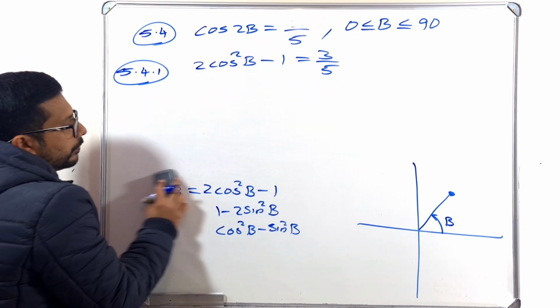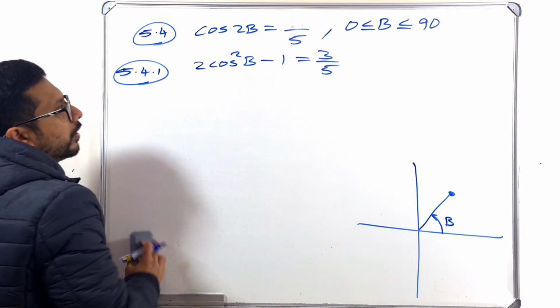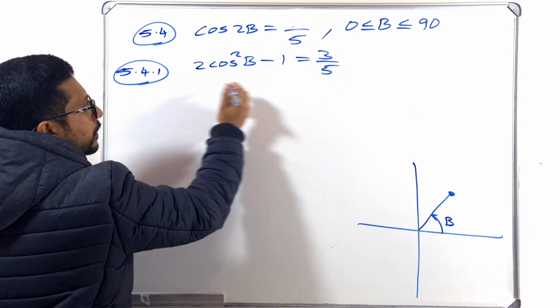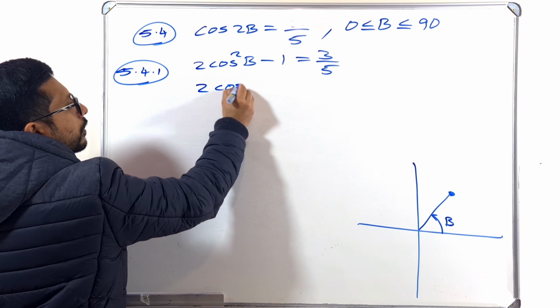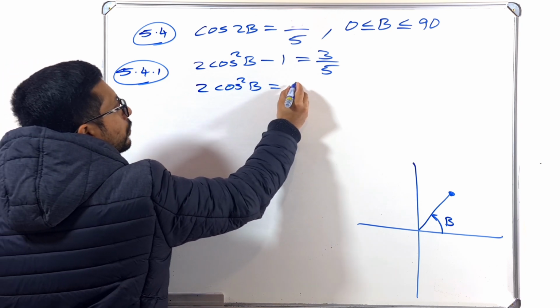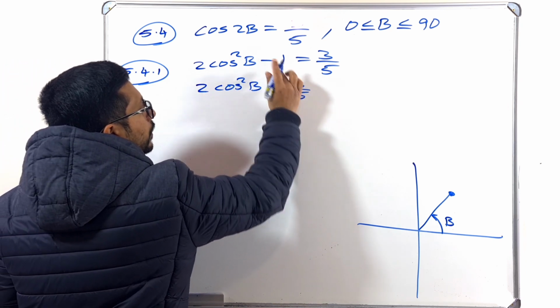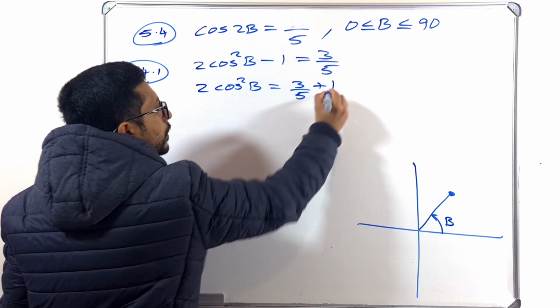From there, take this minus 1 to the other side. So 2 cos squared b is equal to 3 over 5, and this minus 1 on the other side is plus 1.